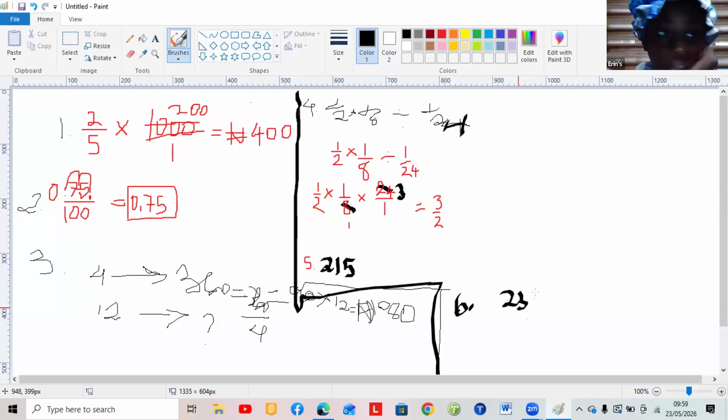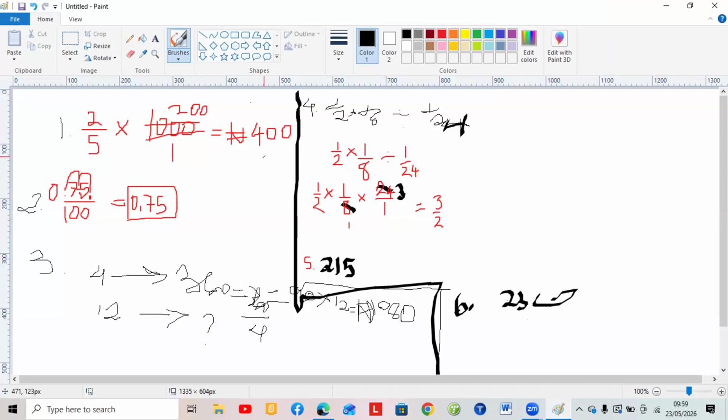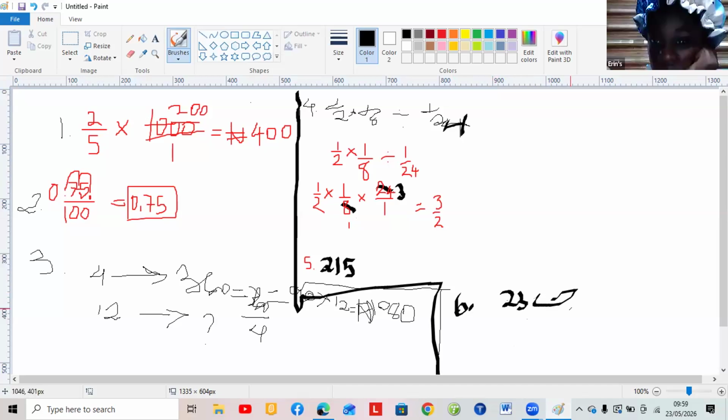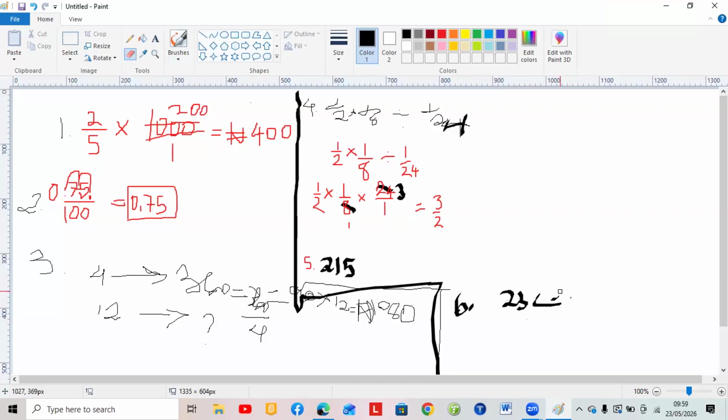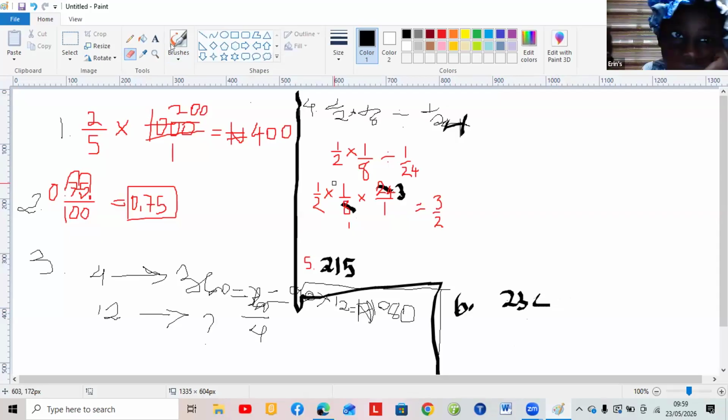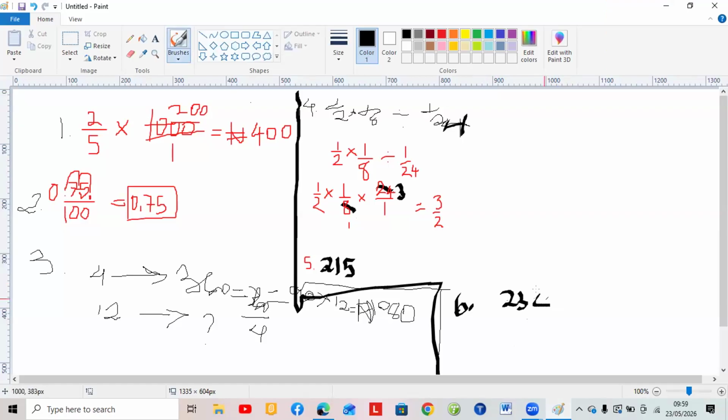Simple. 230 and what? Are you sure it's that simple? Sorry, 23,003. Okay, did they say 23,003? Yes, 23,003. Okay, you are correct. You can write it down in your book. You are correct.